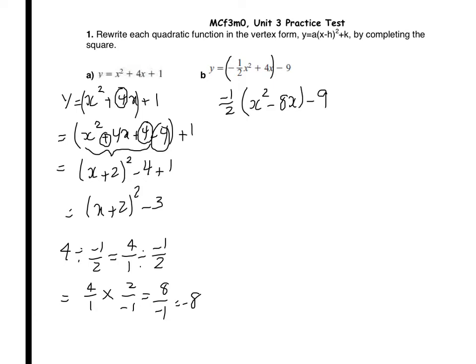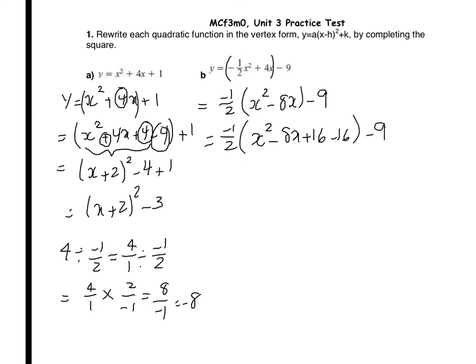Now I can go ahead and divide negative 8 by 2, which is negative 4, square it, which is going to be 16, and then subtract 16. So I'm going to write this as negative 1 over 2 times x squared minus 8x plus 16 minus 16, and then minus 9 here.